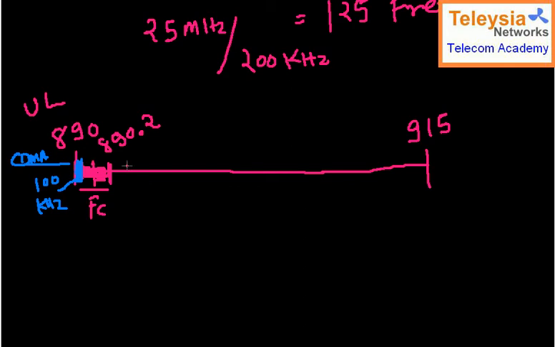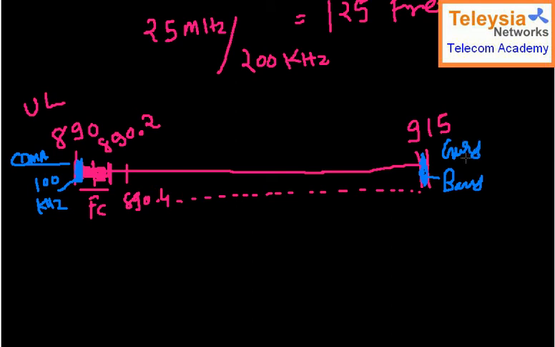Now my next is 890.4, like this. You go up to here, and in the last also you have to keep 100 kilohertz, because you have to keep a spare as a guard band.